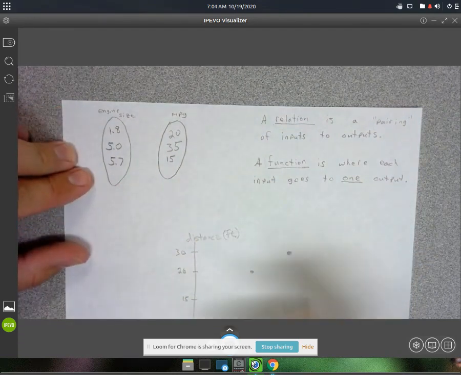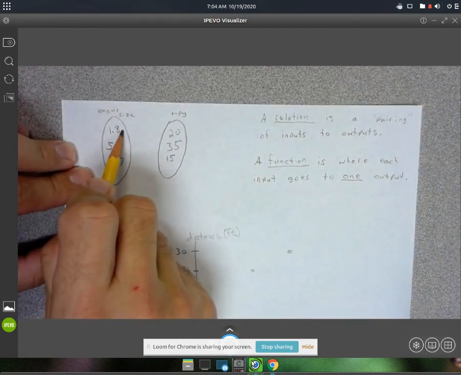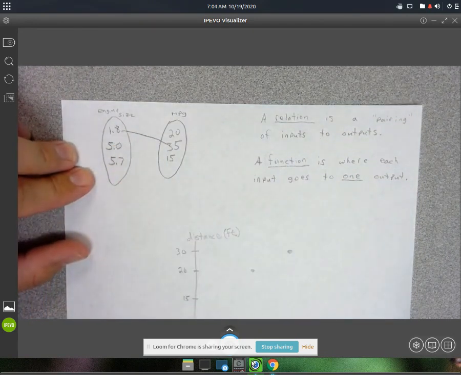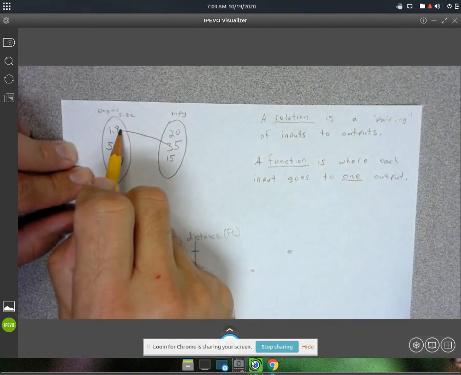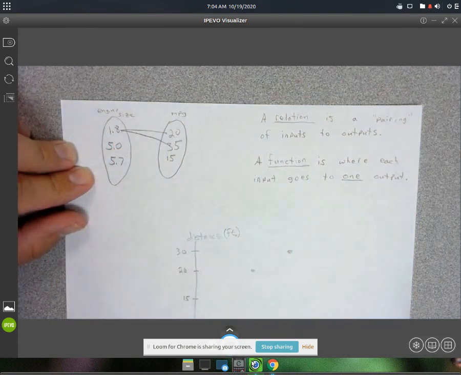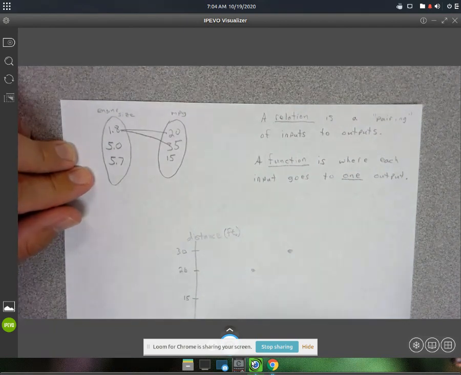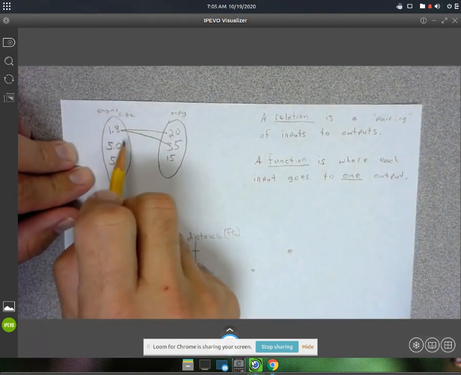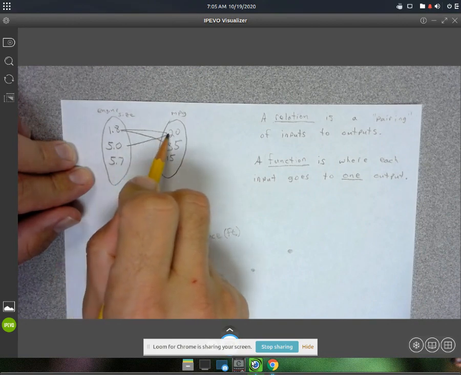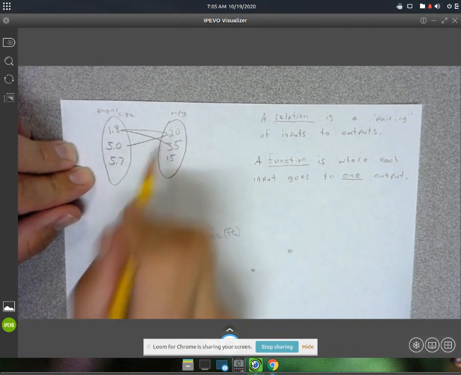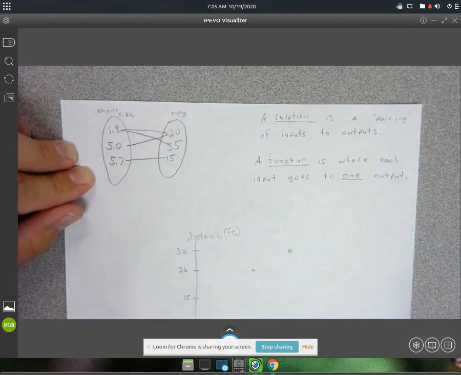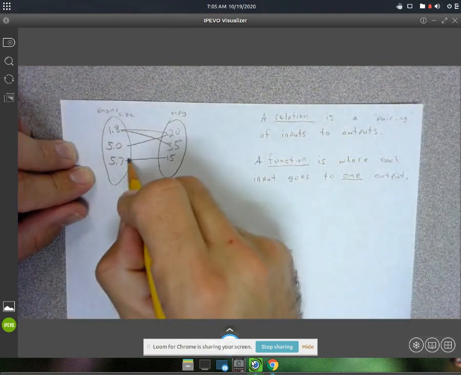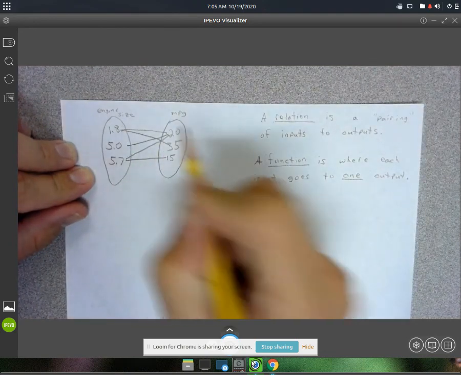Most 1.8 liters might go to 35 miles per gallon, but maybe some kid is using way too much gas and not braking wisely, and he's only getting 20. Your typical 5 liter might get 20, so the 5.0 goes to 20, and your 5.7 is probably going to 15 miles per gallon, but it may also go to 20.